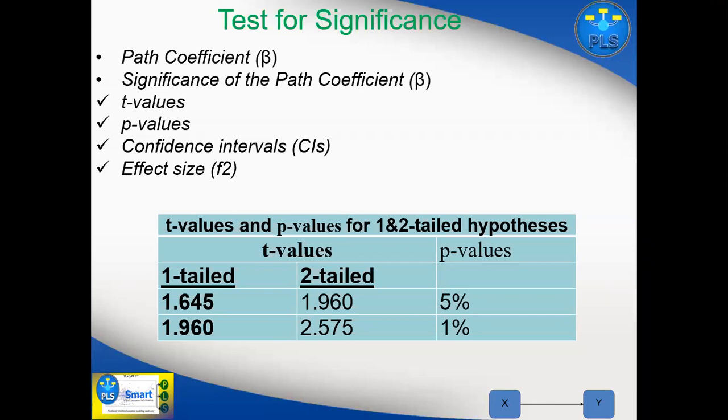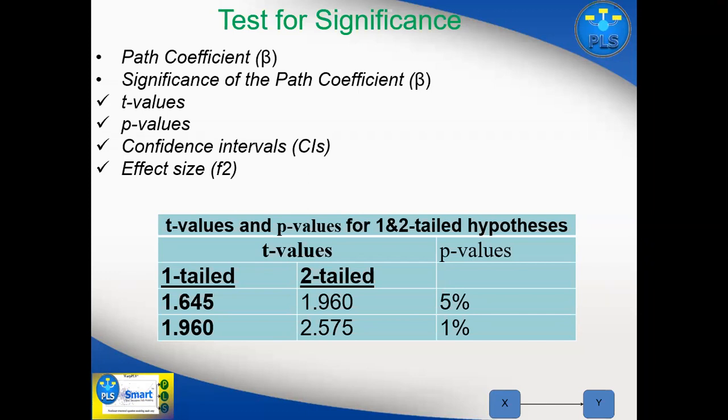But if you have two tail, the t value must be greater than 2.575 to be significant at 1%. This is how you interpret t values.